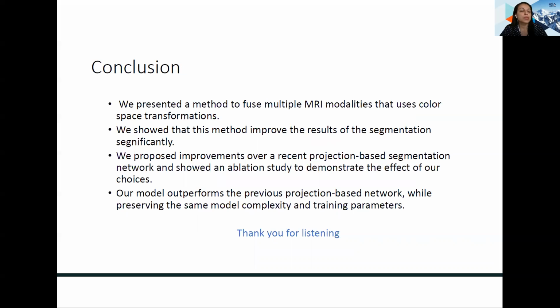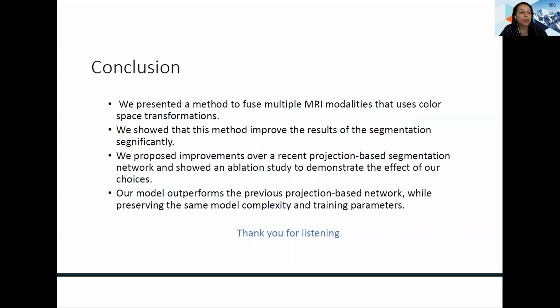So to conclude, we presented a method to fuse multiple MRI modalities that uses color space transformation. We showed that this fusion improves the results of segmentation significantly with no significant additional computation.